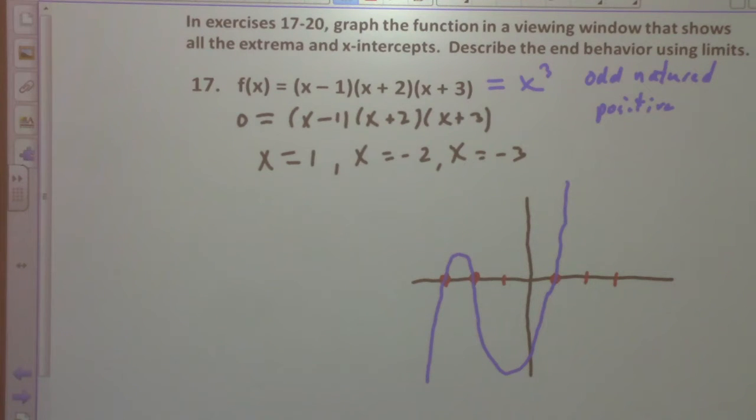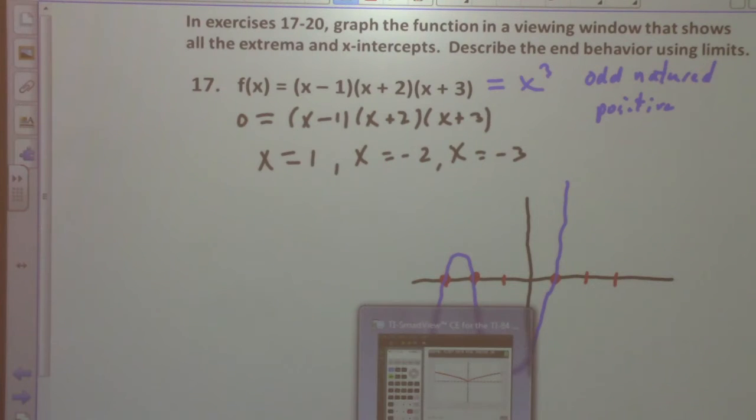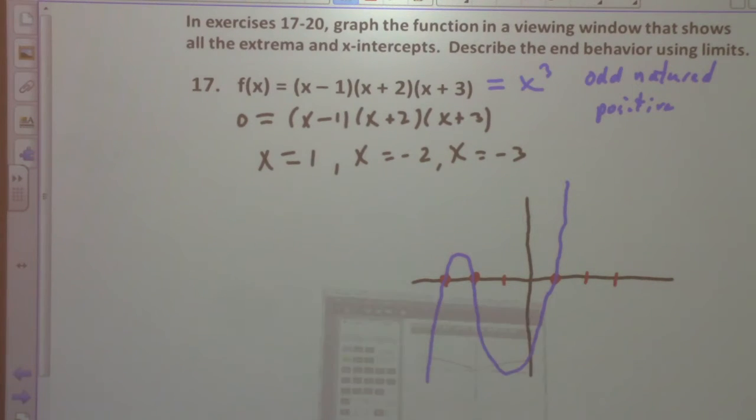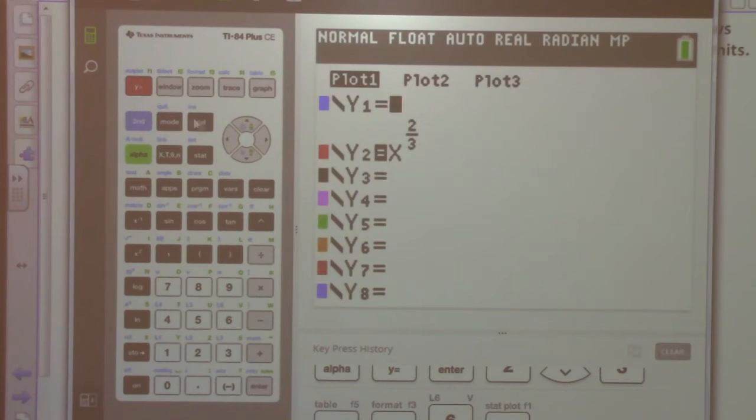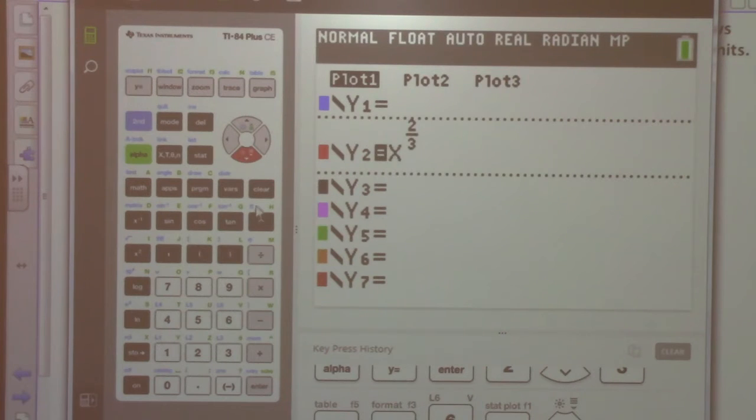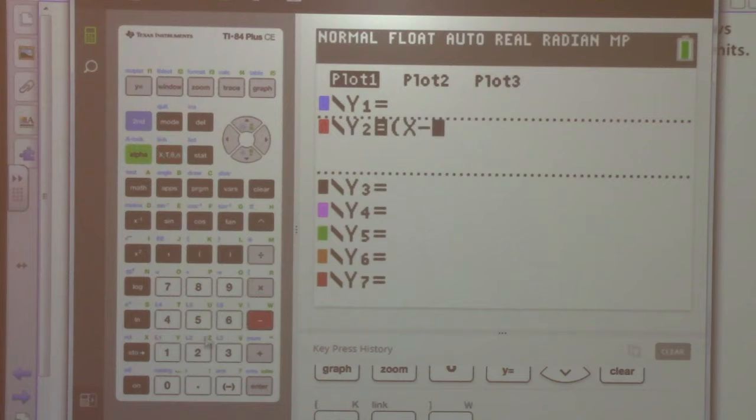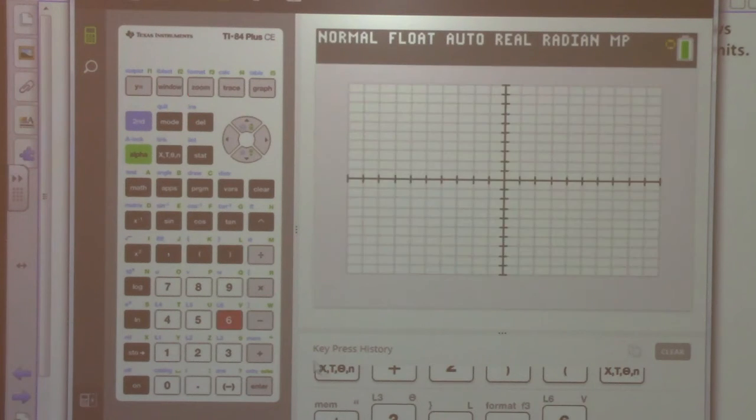And then in the calculator, x minus 1, x plus 2, x plus 3. And we graph, if we go to standard window, it looks something like that.